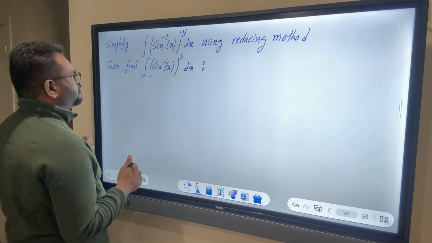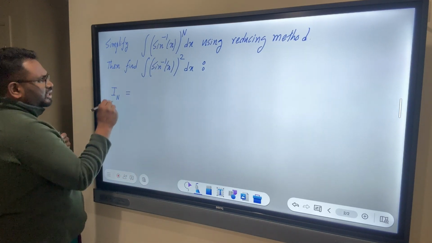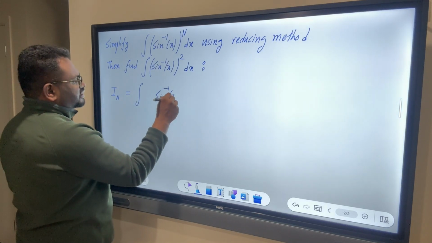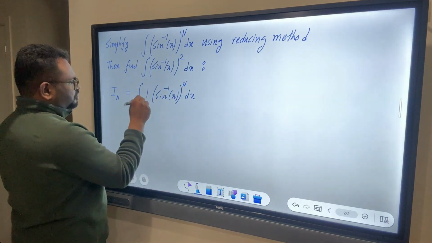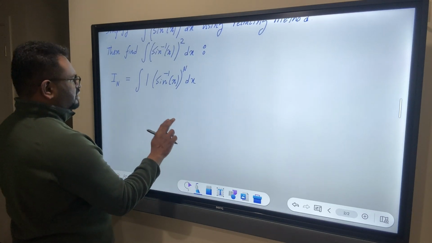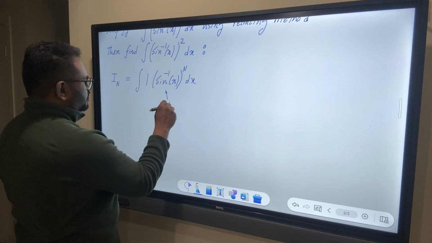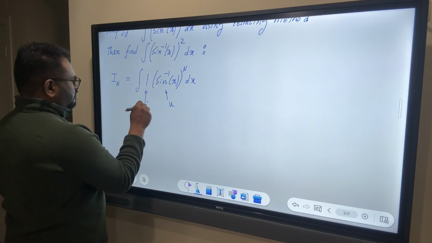Okay. So firstly, I'm going to consider this to be I_n, and then it's going to be the integral of (sine inverse x) whole thing raised to the power n dx, and then I'm going to put 1 here. Then we will consider this to be u and this to be v prime.